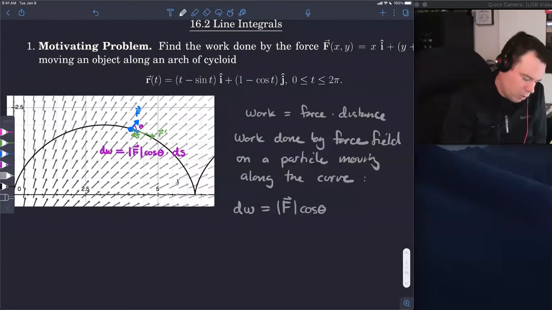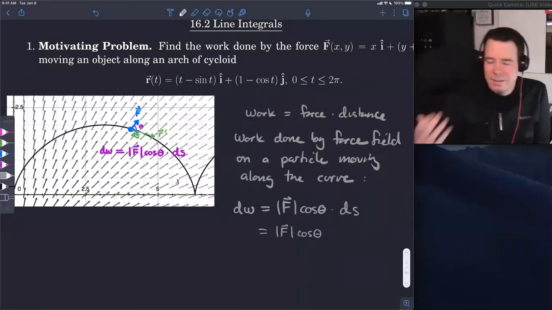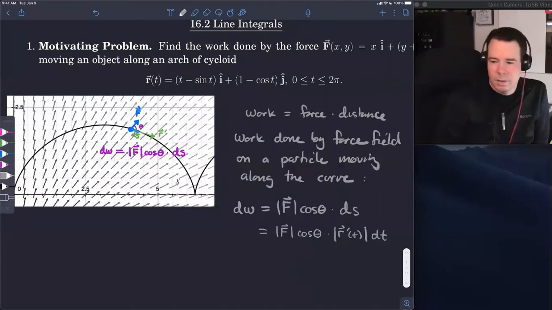So that's the force in the direction of motion times how much I've moved. And now we'll unpack this a little bit more. This is the force applied times cosine of the angle. And what is ds? Well, ds is the arc length differential, the little change along the arc length. And that is equal to the magnitude of r prime of t times dt. So that's what the arc length differential is.